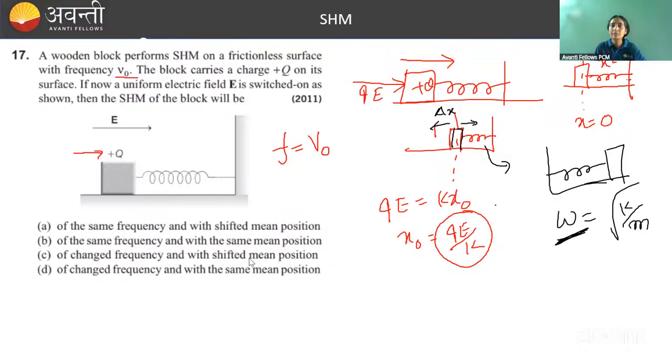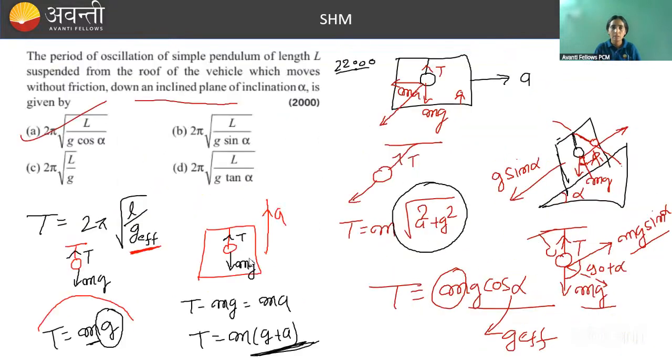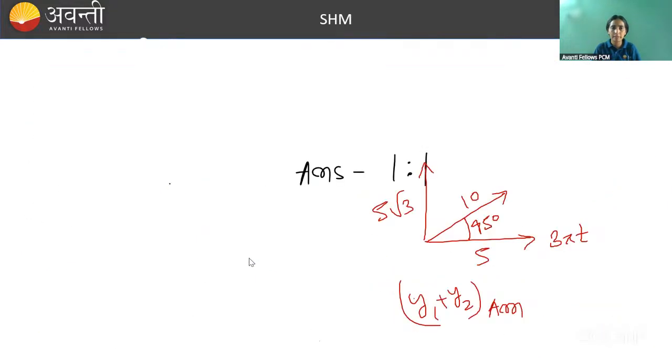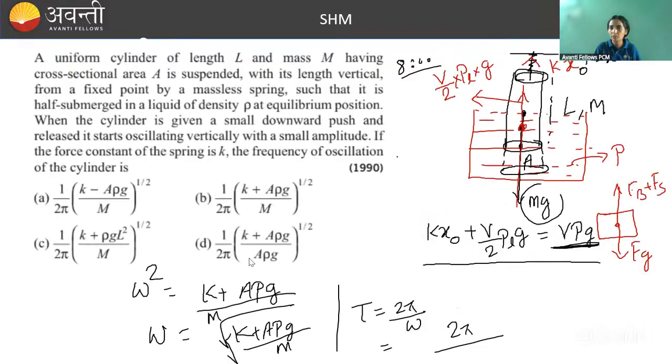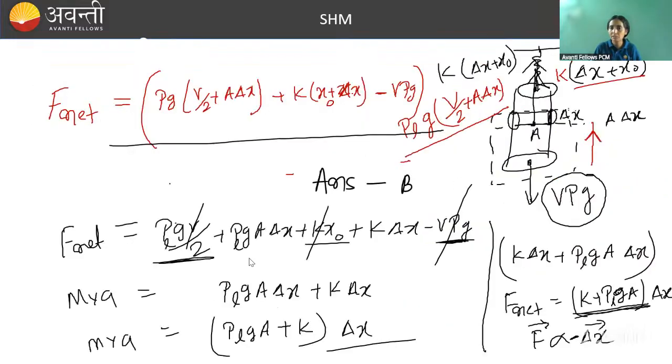Okay, like in the previous case, where I took the gravitational force as constant, in this question we did the same. Here mg was constant, therefore when I wrote the change in force, I didn't write mg. I simply wrote the force that will change with the cylinder getting disturbed from its equilibrium position, and that will determine the value of omega.